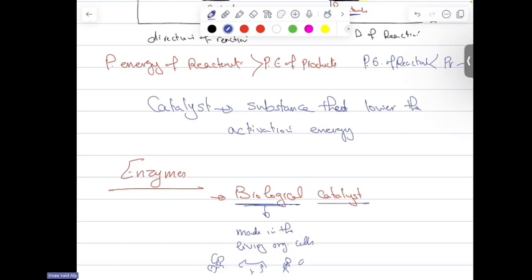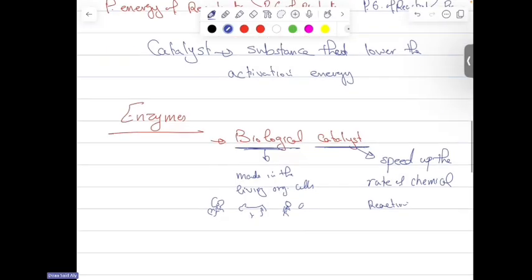طيب, why do we call them catalyst? We call them catalyst because they speed up the rate of chemical reactions. They make the reaction happen faster, speed up the rate of the chemical reactions. Okay, طيب, how does it happen?